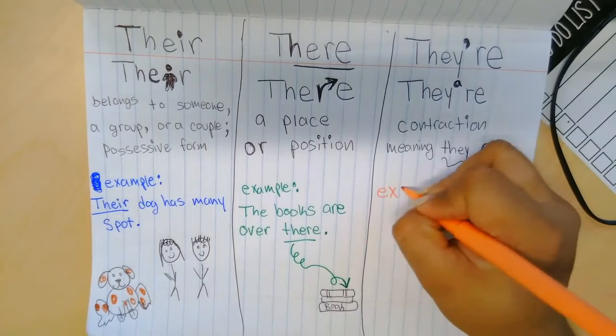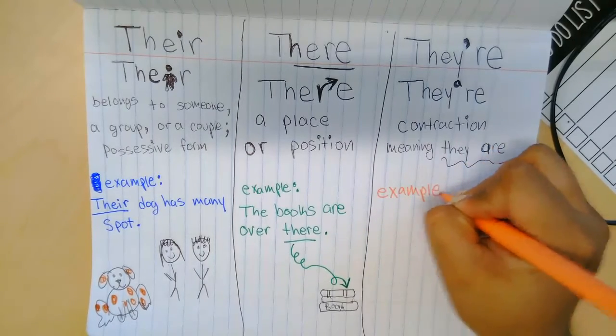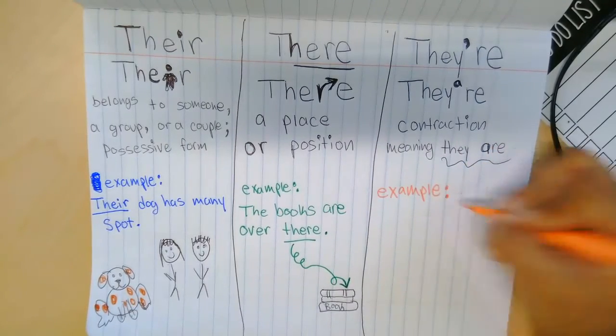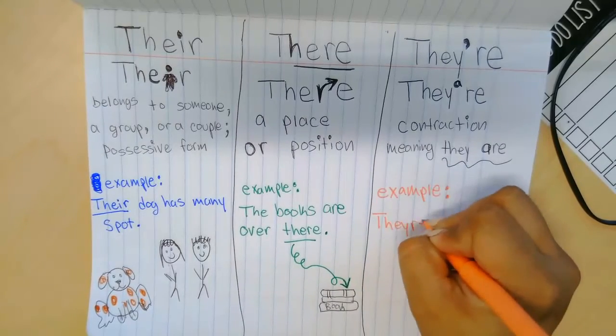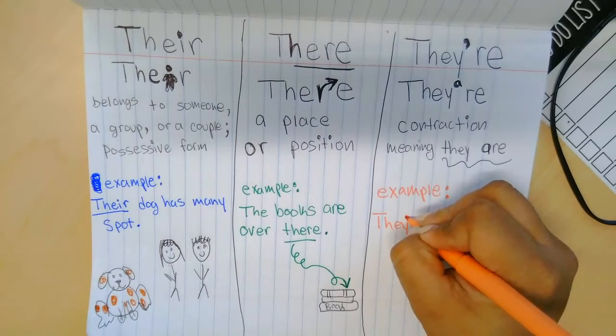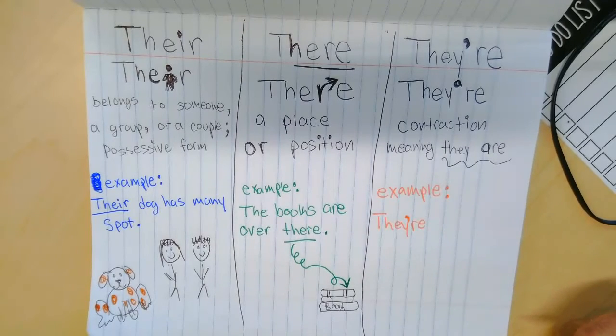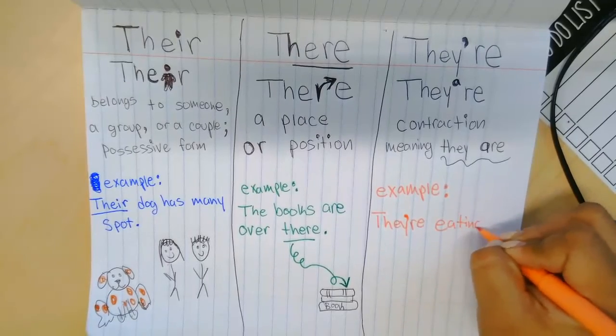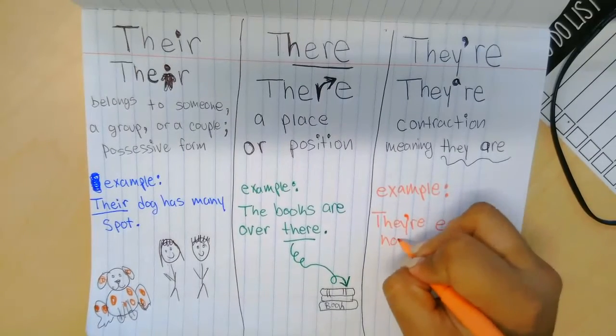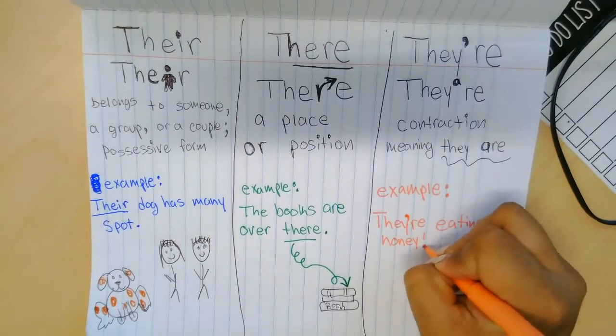And then what we're going to draw for this one, well, our example first, so we're going to write example down here. And the example is they're eating honey. Don't forget that apostrophe in between the Y and the R-E. Okay?